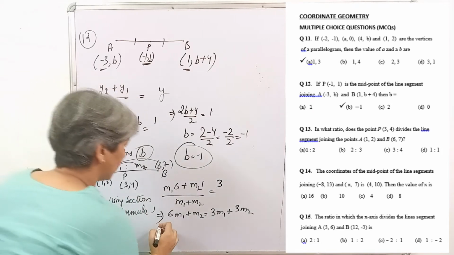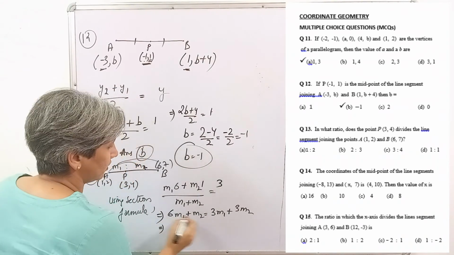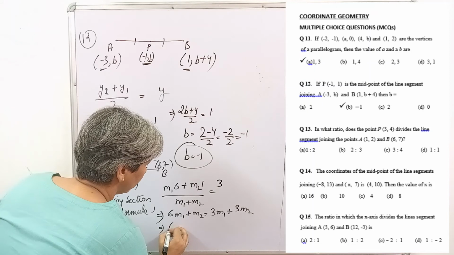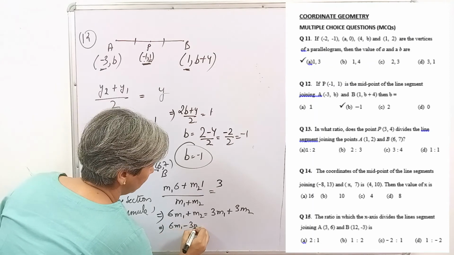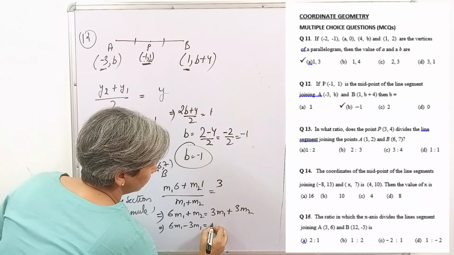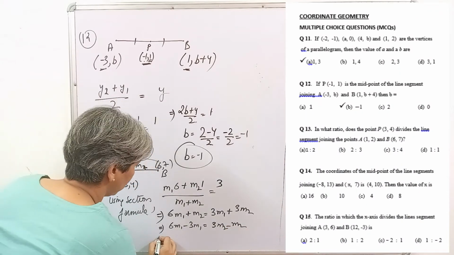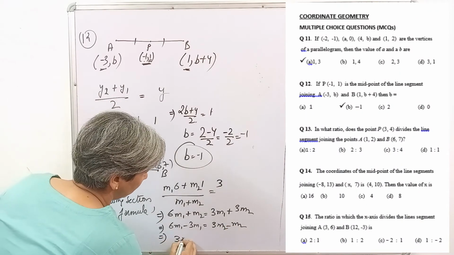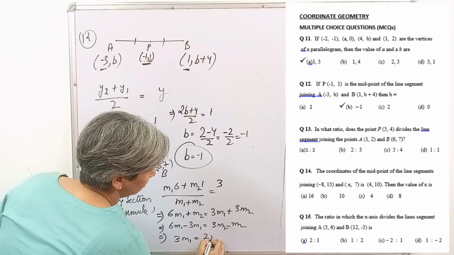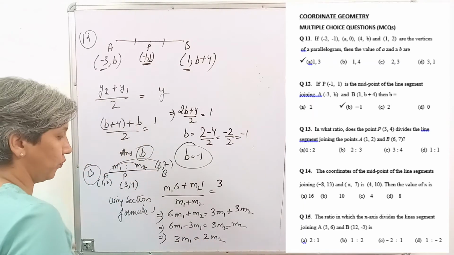So now we'll take 6m1 and minus 3m1 will come here. 6m1 minus 3m1 is equal to 3m2 minus m2, right? So this will give me 3m1 is equal to 2m2, fine.